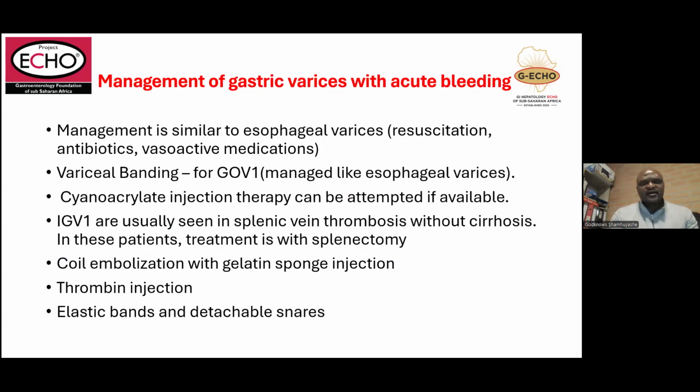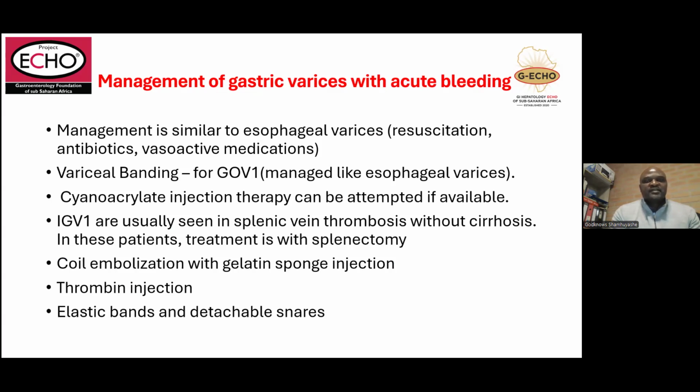So the management is similar to esophageal varices in terms of the resuscitation, antibiotics, and vasoactive medications. Of all the types, the GOV1 you can band and manage like esophageal varices, and also cyanoacrylate injection therapy can be attempted if it's available, and coil embolization also.